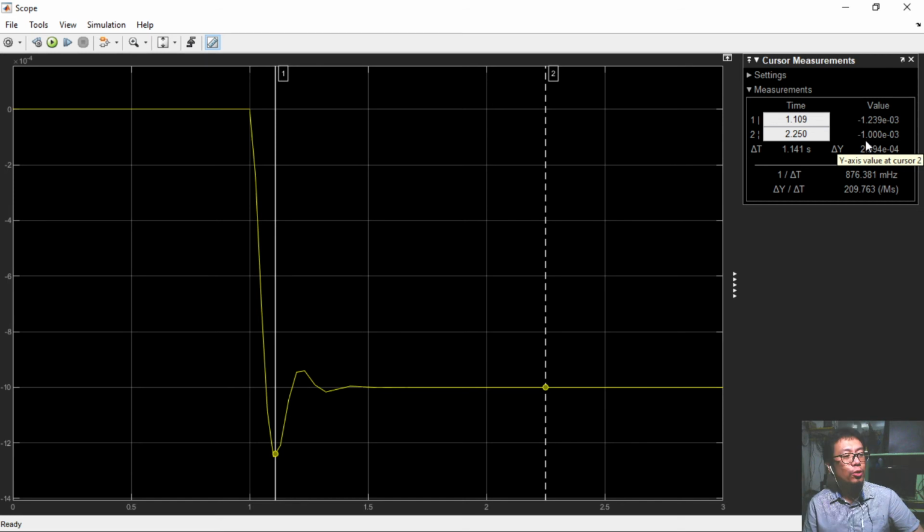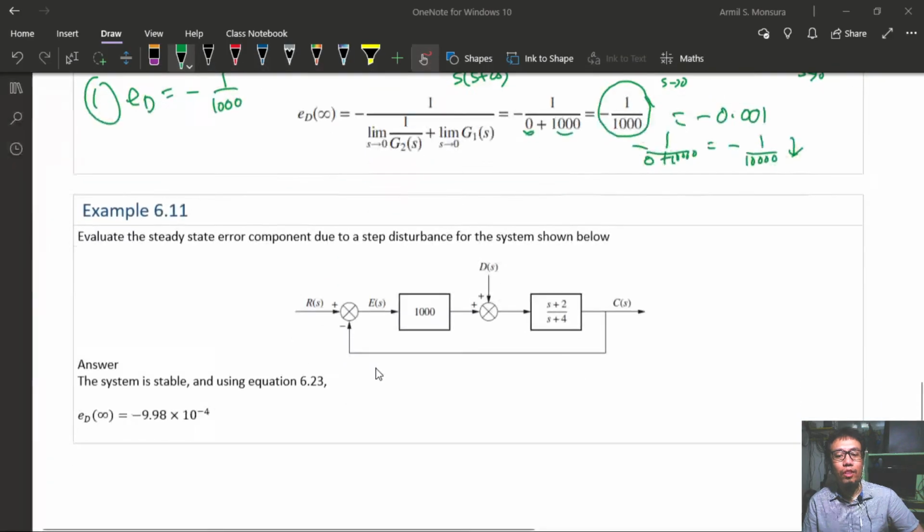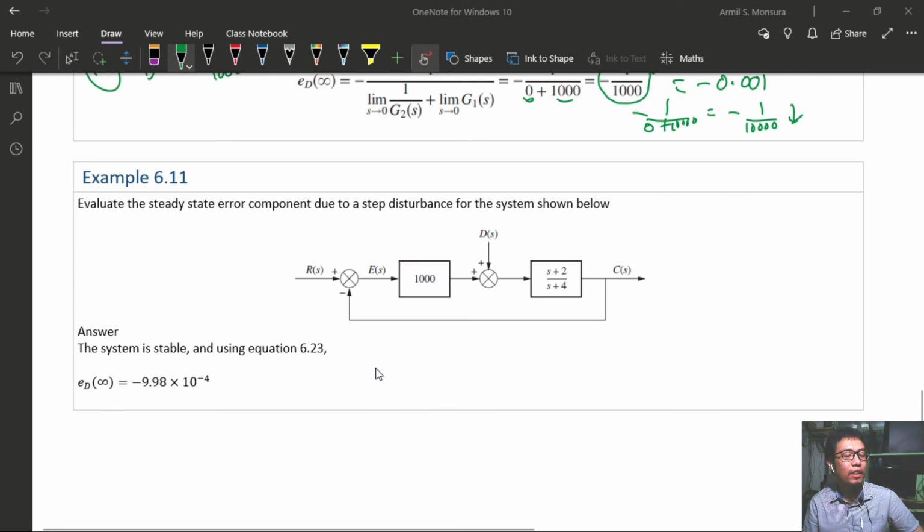So, our simulation actually agreed with our theoretical, analytic formula. Okay. So let us proceed now to working on example 6.11.